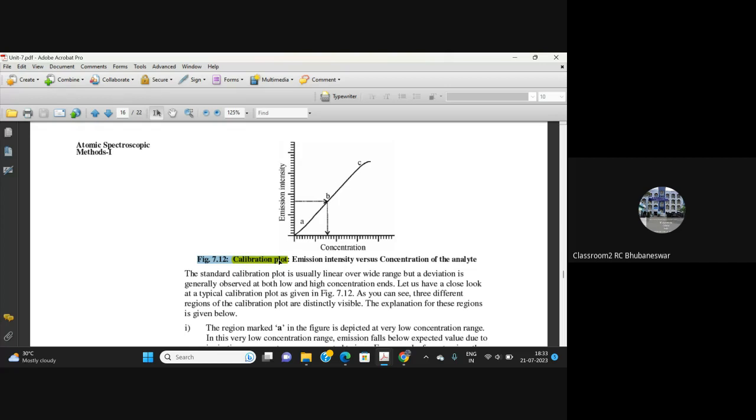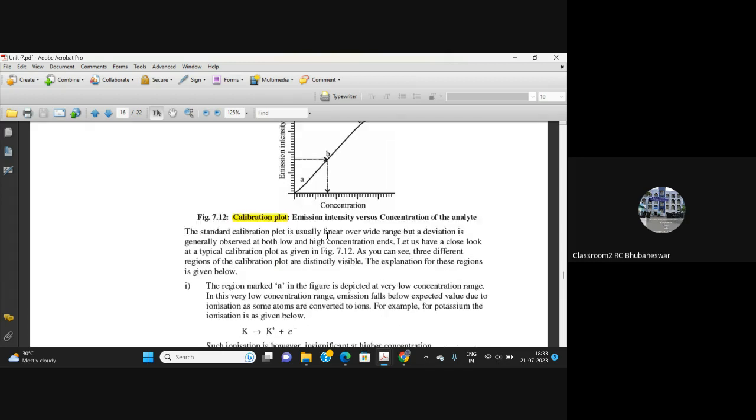Then for whatever unknown sample you are taking, you get a spectrum for the unknown sample. From the spectrum you get the emission intensity, and then you can use this calibration plot to predict the concentration of the species.